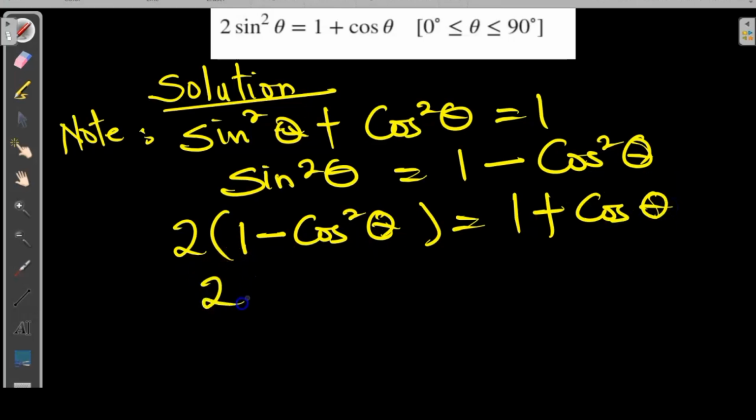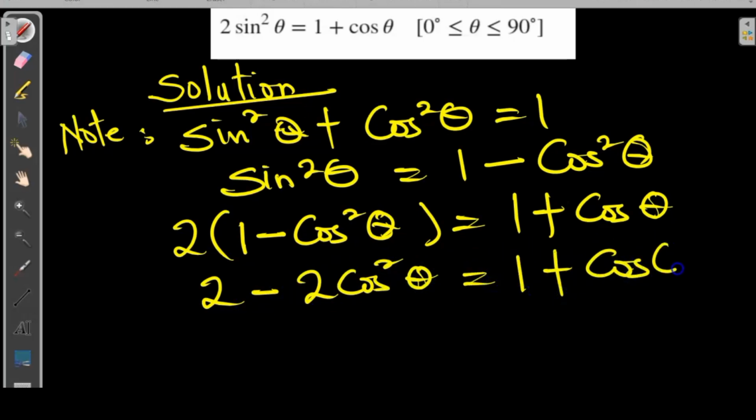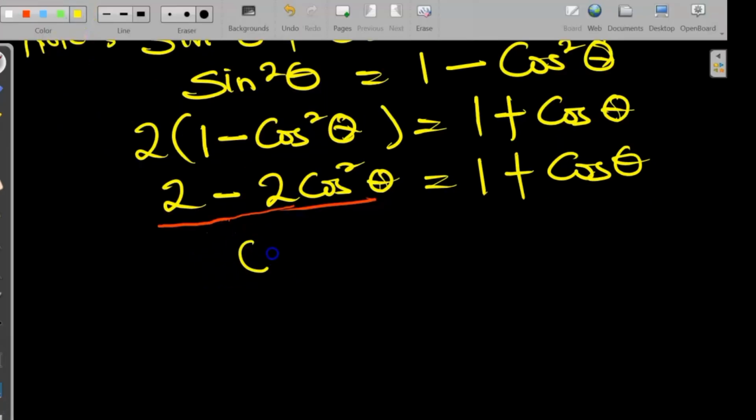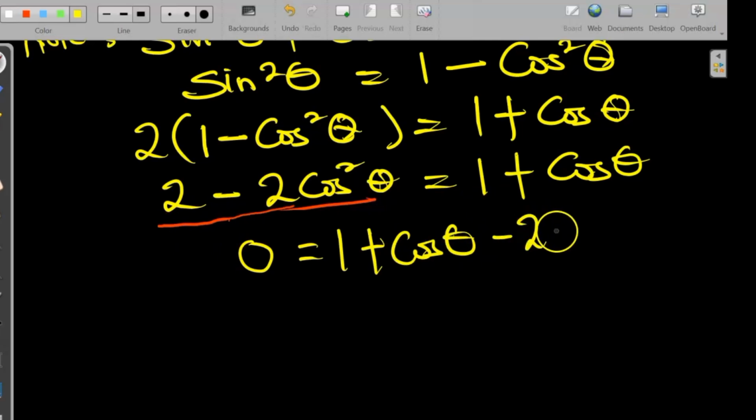Opening the bracket, we have 2 minus 2 cos squared theta equal to 1 plus cos theta. So we have 0 equal to 1 plus cos theta. 2 crosses and becomes minus 2. Then minus 2 cos squared theta crosses and becomes plus 2 cos squared theta.